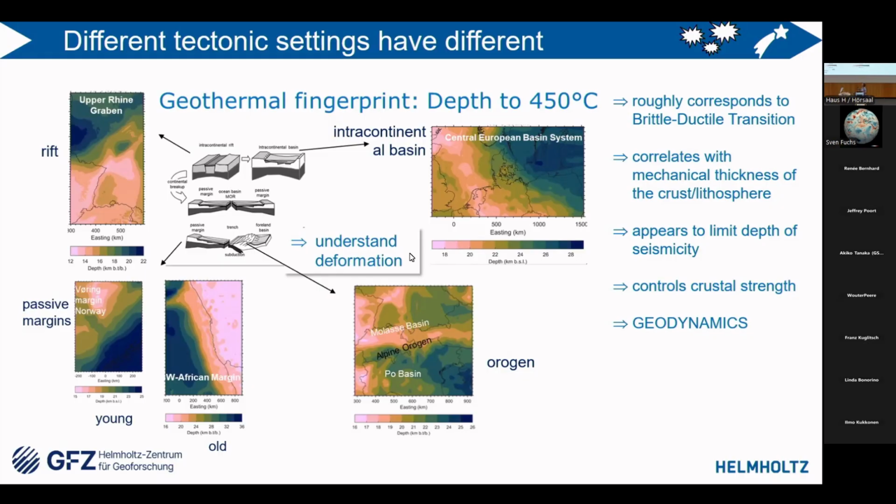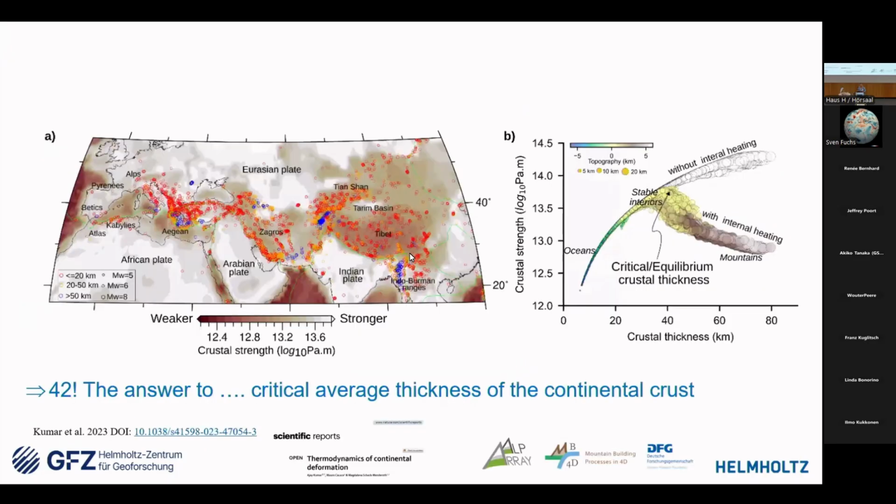And you can see that the two margins, old or young, may look very different at depth than they look in the shallow part. Before they were more similar, but now we see the ocean is hotter in the younger margin, whereas it is colder in the older margin. So understanding the thermal field will help us to understand geodynamics.